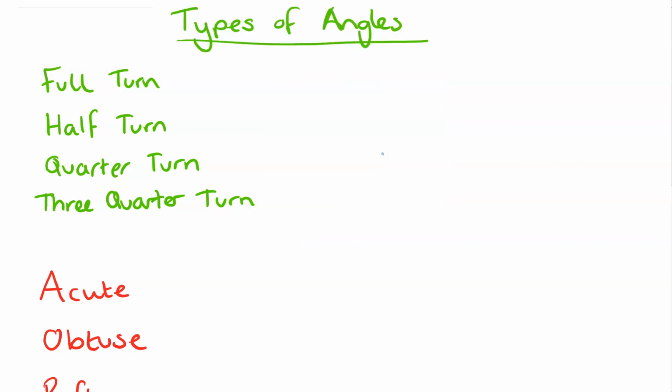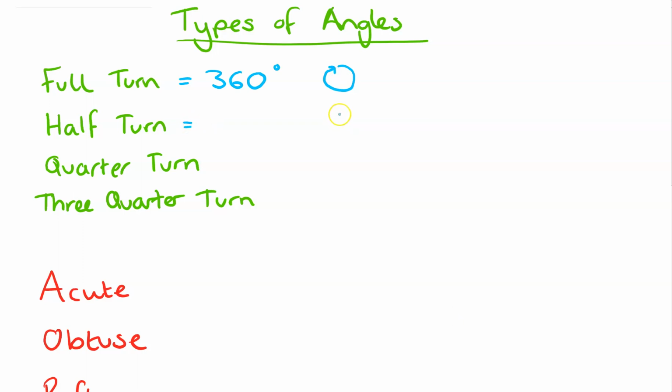So a full turn. If you were to face one way and do a full turn, you have turned a full 360 degrees. So if the whole way round is a full turn, and it doesn't matter whether you go clockwise or not, how much is a half turn?